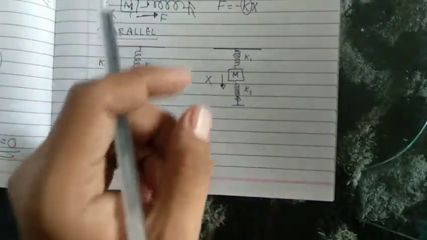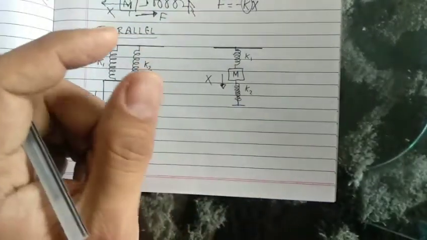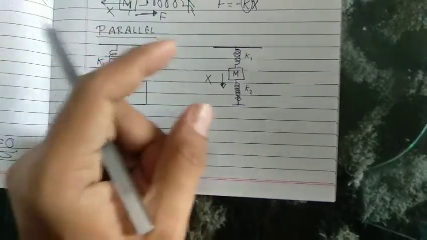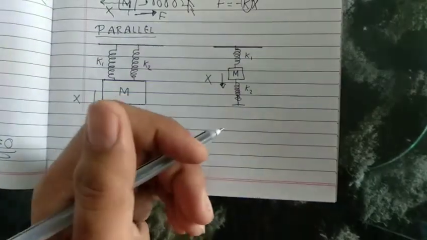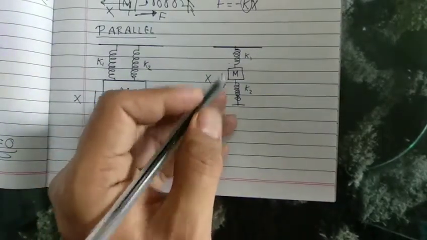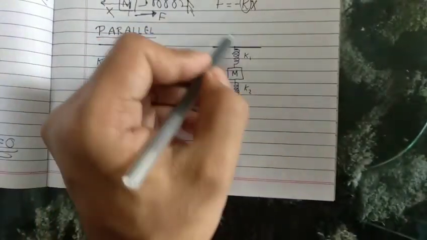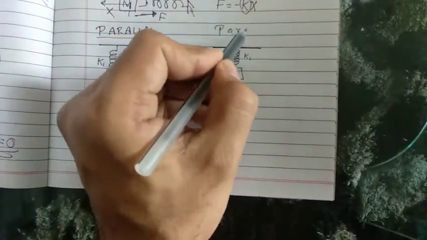Stretching and compressing, it's no problem, it can happen, but both the upper and lower springs will be deformed by x centimeters. So x will be the same in both springs. No doubt, one will be compressed, the other will be stretched, but x will be the same for both. That's why these two springs are also considered to be in parallel.